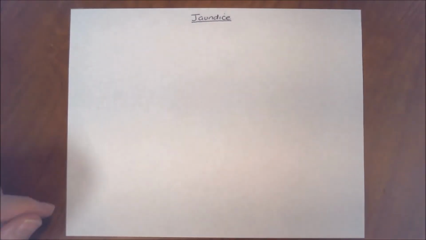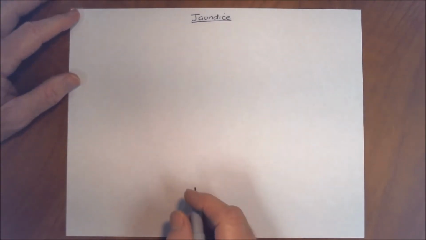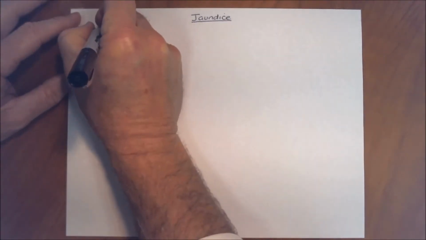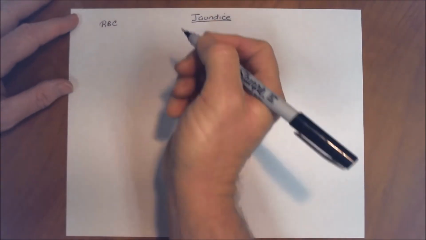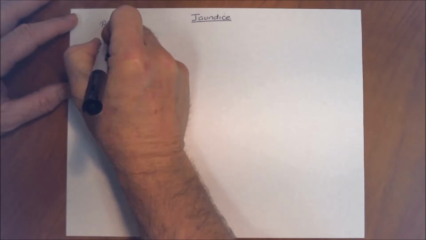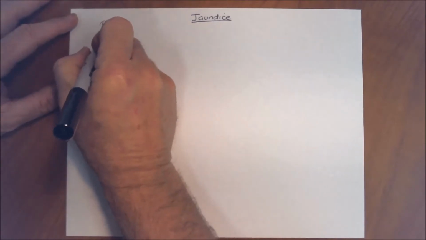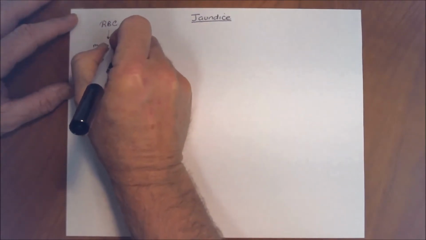Okay, in this video, let's take a look at the primary cause of jaundice. So as a brief review, our red blood cells, as they become senescent, are taken up by splenic macrophages.